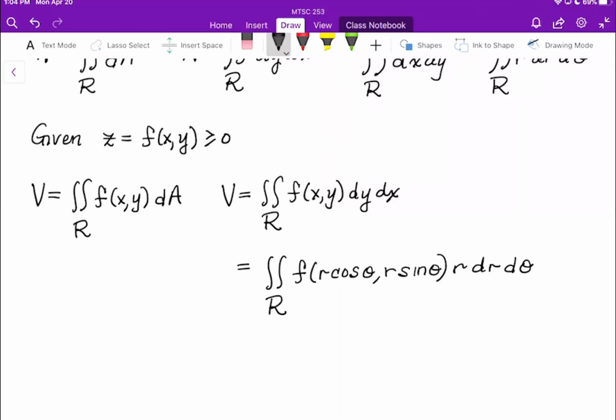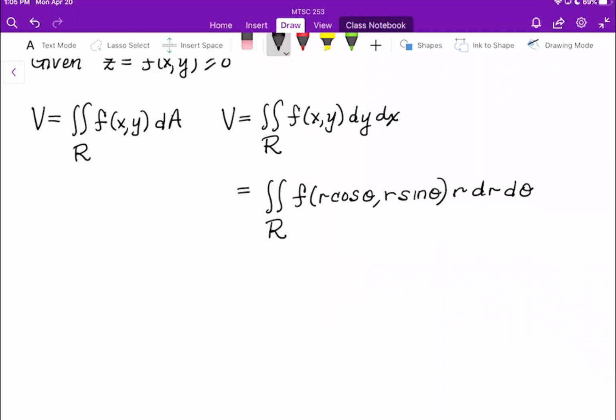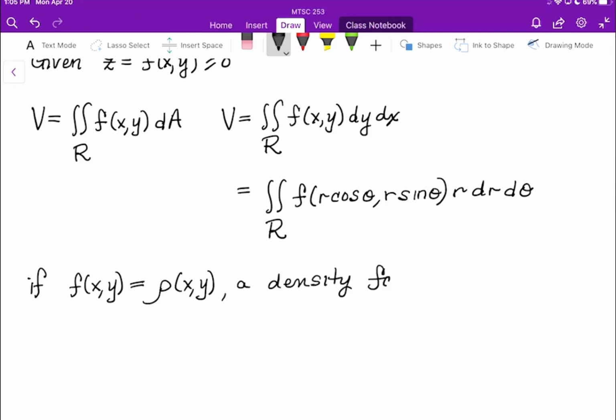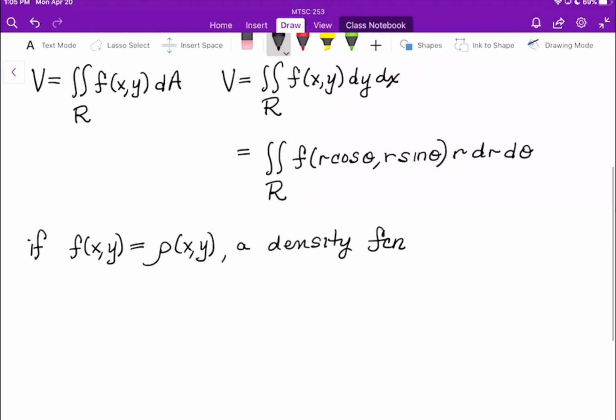So if f of x y is actually a density function, then we can calculate mass.